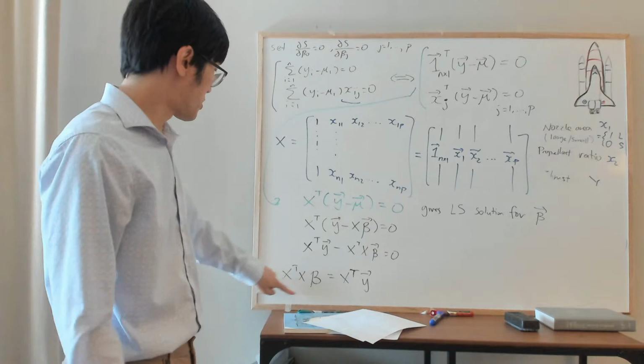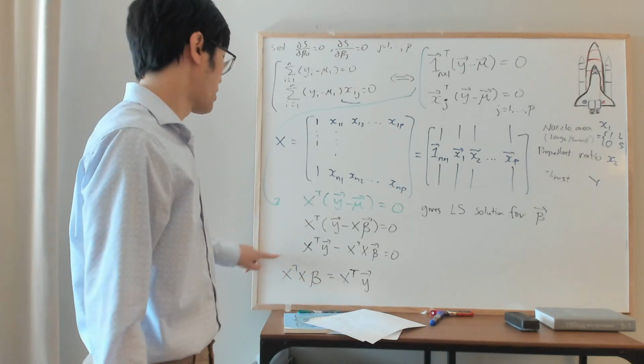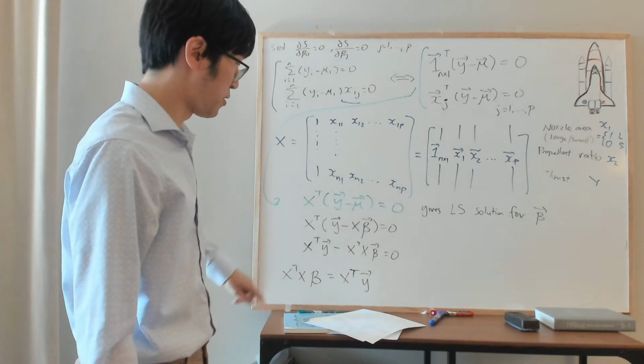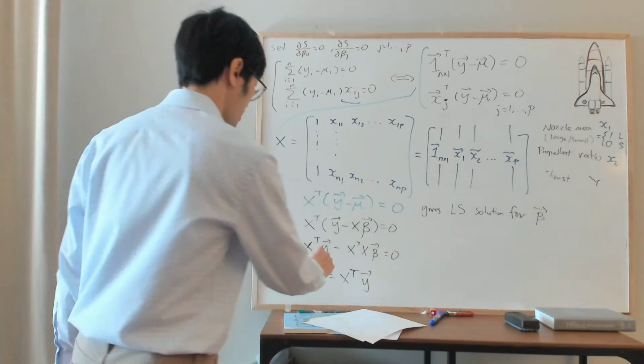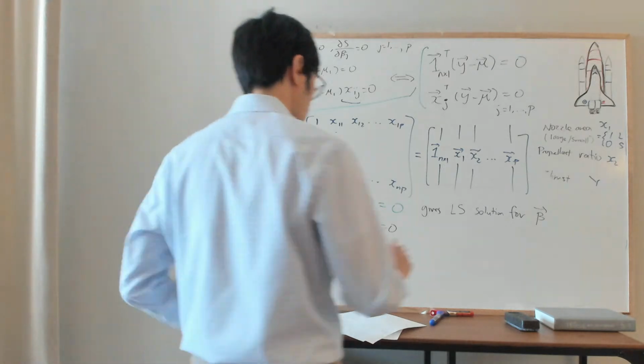And recall that X transpose X is a matrix. So we multiply by its inverse on the left side. Then that will give us the identity and leave us with the solution for beta.